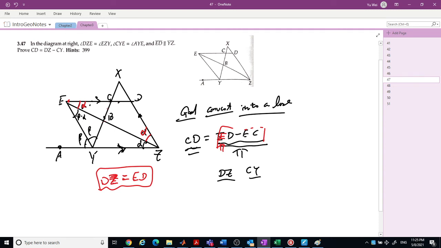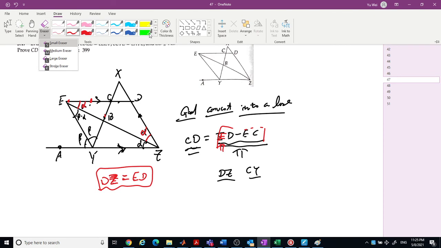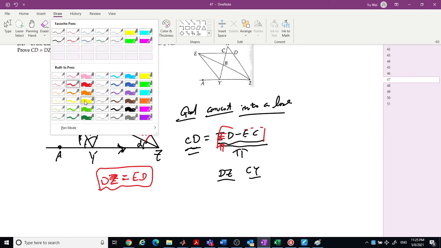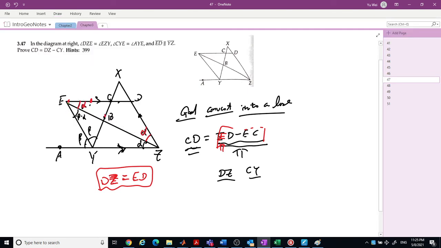If we can prove EC equals CY, this triangle should be isosceles.